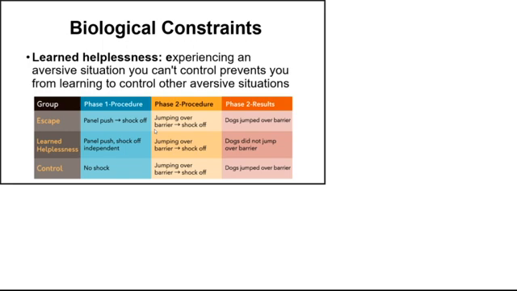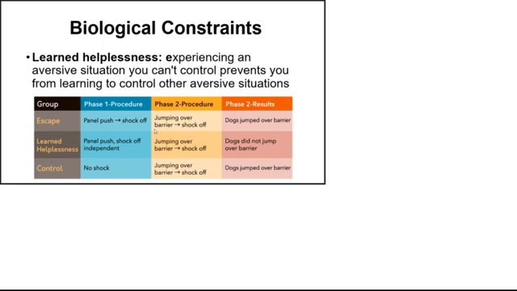So if we think of those shuttle boxes I was talking about before, a normal escape response would be, if there's a really loud sound on one side, you would go to the other side of the chamber where it's quieter. In a learned helplessness setup, they would put a clear wall between them so you couldn't escape.